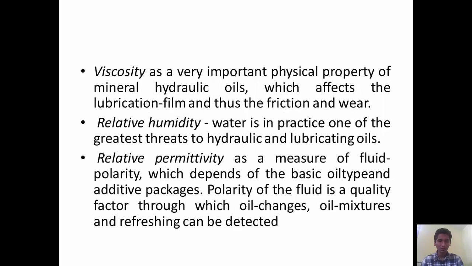Then viscosity, a physical property of the mineral hydraulic oil which affects lubrication and also the friction and wear. The fifth one is humidity, the water in the fluid, one of the greatest threats to hydraulic and lubrication oil. The sixth is relative permittivity, a measure that depends basically on the oil type and the additive package. It is a quantitative factor by which oil change, oil mixing, and refreshment can be detected.